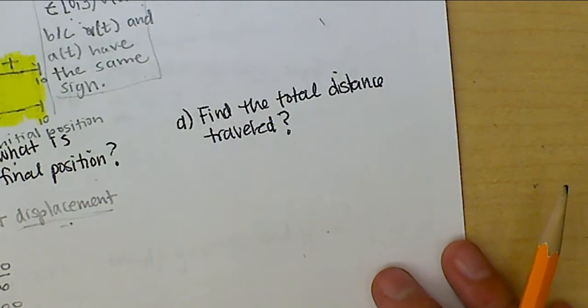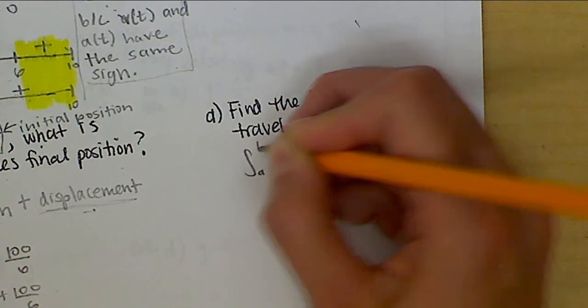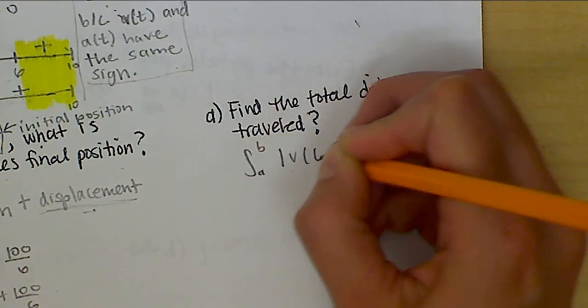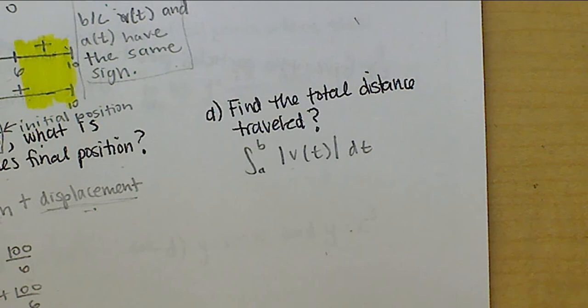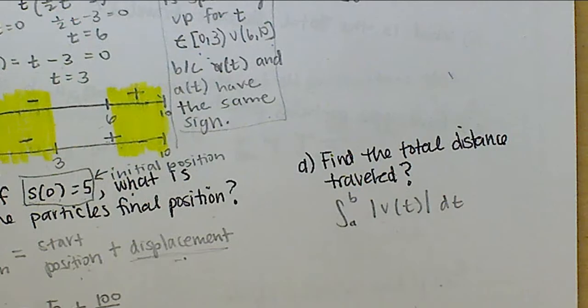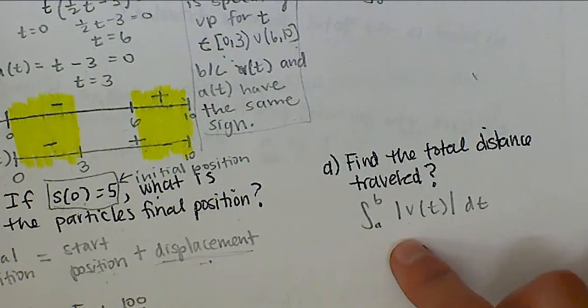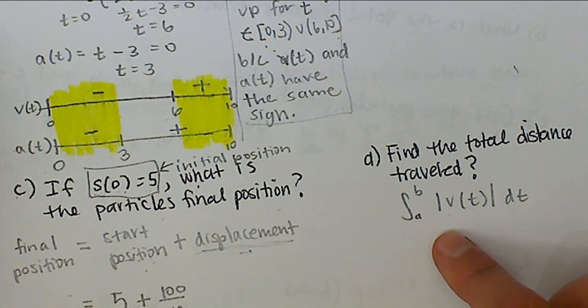Find the total distance traveled. So total distance traveled is the integral from a to b of the absolute value of v of t dt. So if we had to do this by hand, I want you to consider how I would split up the integrals.